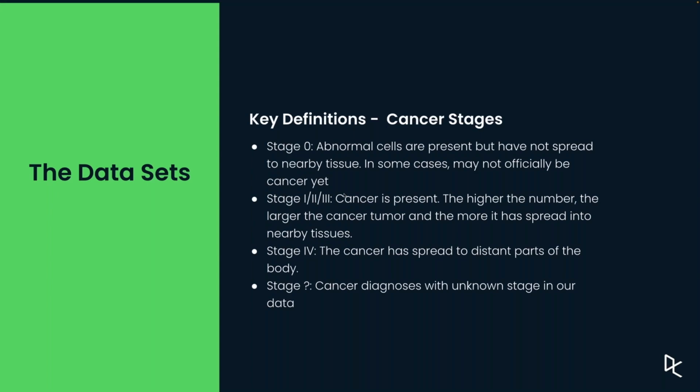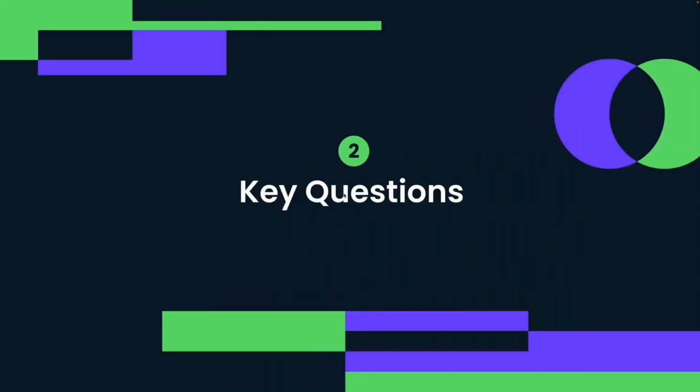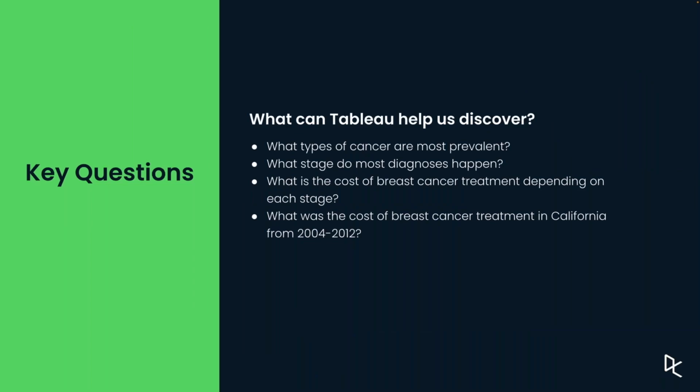All right, moving on. We will look to answer some key questions about this data in Tableau, and I've written these out here. First we can try and figure out what types of cancer are most prevalent. Then we can look at what stage most diagnoses happen, and then we'll pull in our cost data and try and determine what is the cost of breast cancer treatment depending on stage.